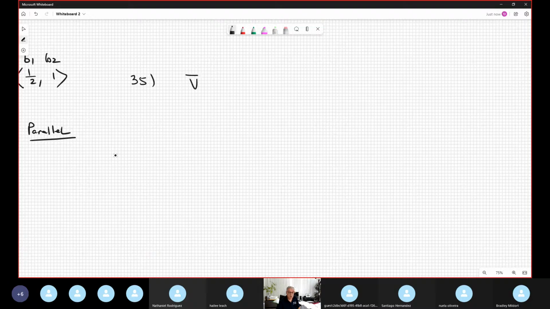The vector B is 4, 1 and the vector W is 1, -4. So you need to prove parallel or orthogonal. The fantastic way that I highly recommend is using the dot product, no?